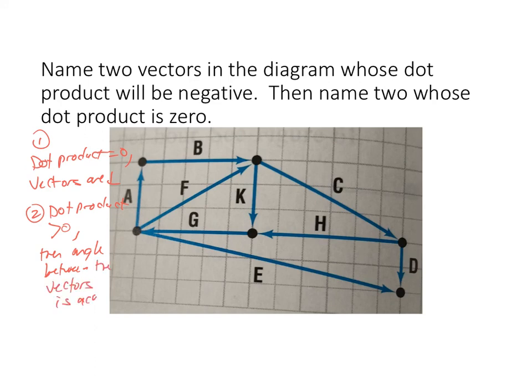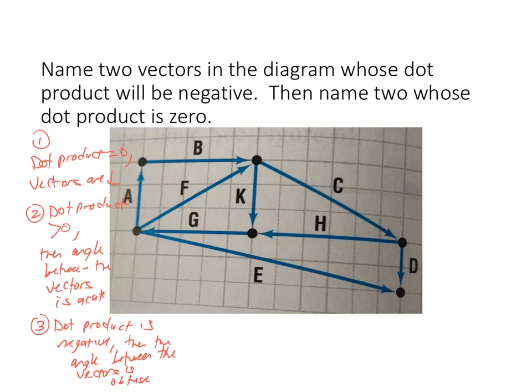And the third case is if the dot product is negative, then the angle between the vectors is obtuse. And this is the angle between the vectors. It's different than the direction angle. So there will be multiple answers here.